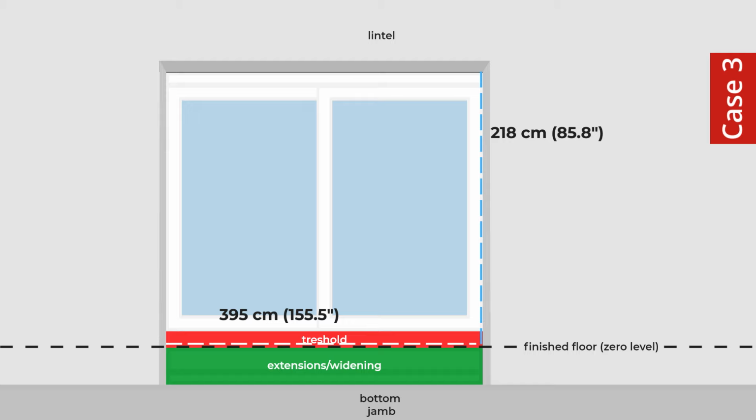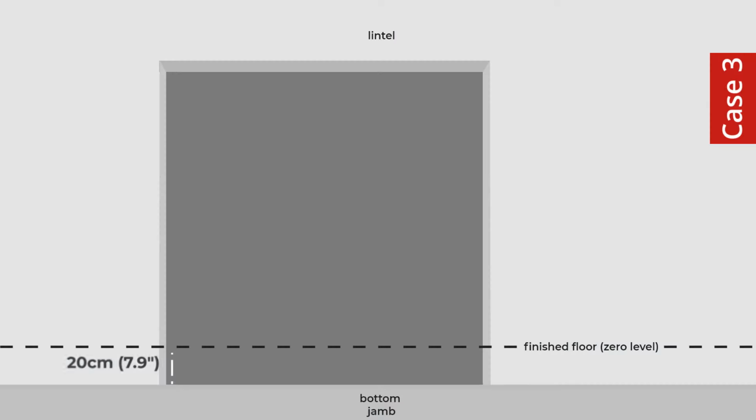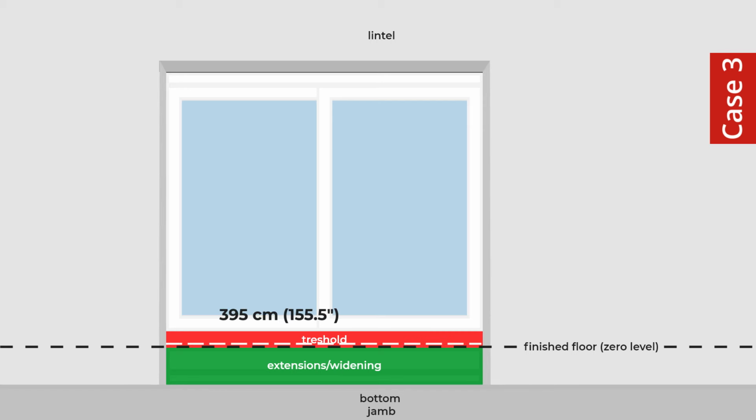It remains to choose the ground widening. We measure the height from the sill to the finished floor height, 0 level: left 20 centimeters, middle 19 centimeters and right 21 centimeters. Therefore, we order extensions from the supplier up to 19 centimeters. Giving the following ordering parameters: window dimensions 395 centimeters by 218 centimeters plus system extensions 19 centimeters.